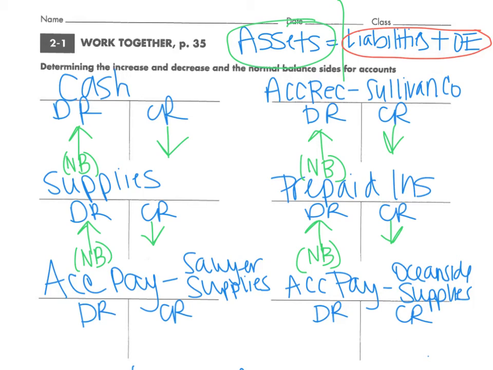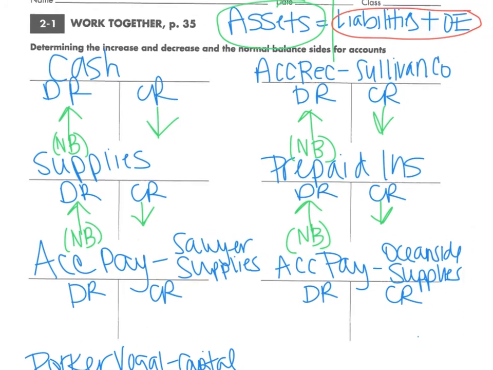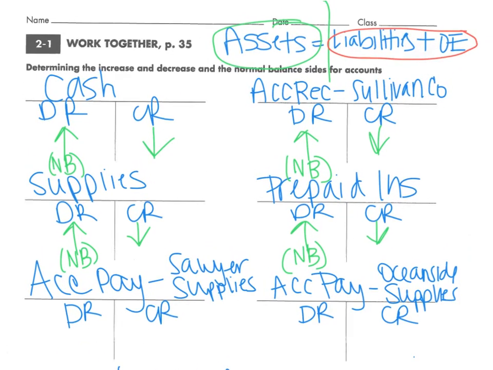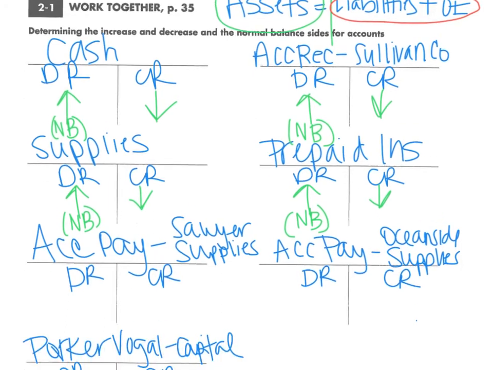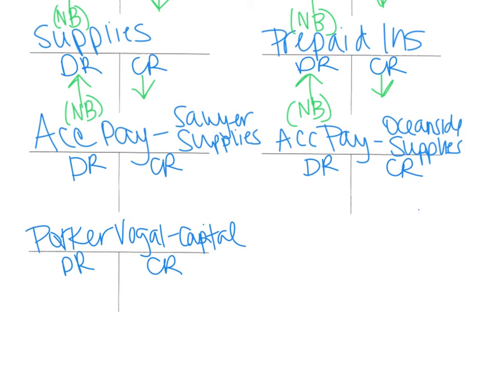Okay, moving on to accounts payable. And if you'll remember, accounts payable is actually a liability because accounts payable is whenever we owe somebody else money. So this company must owe Sawyer Supply some money. They didn't pay in cash, they're going to charge whatever they bought for it. So accounts payable is a liability, which means it's on the right side of the accounting equation, so it would increase as a credit.